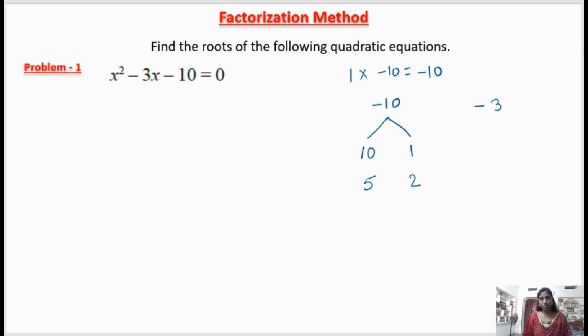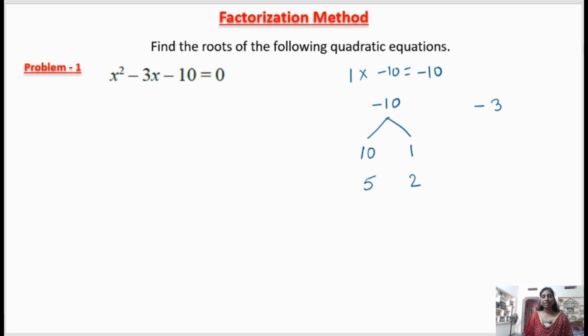Now out of these two pairs, think which pair will give you minus 3 on adding or subtracting. If we add or subtract 10 and 1, we won't get 3. If we add 5 and 2, we won't get 3.